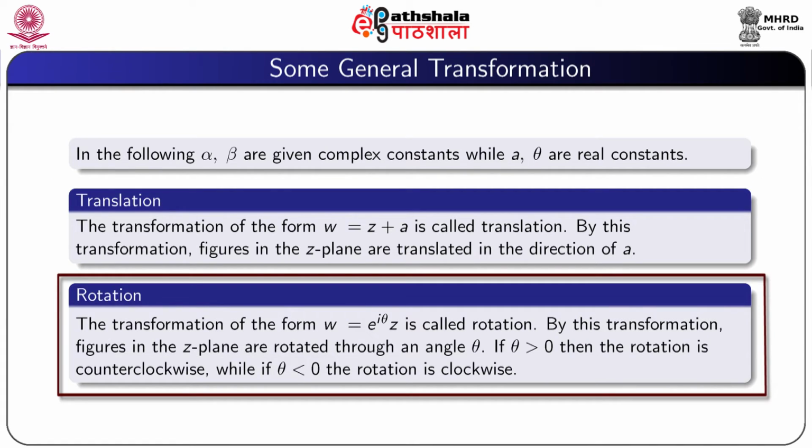So, now rotation. The transformation of the form w = e^{iθ} z is called rotation. By this transformation, figures in the z plane are rotated through an angle θ. If θ is positive, then the rotation is counterclockwise, while if θ is negative, the rotation is clockwise.